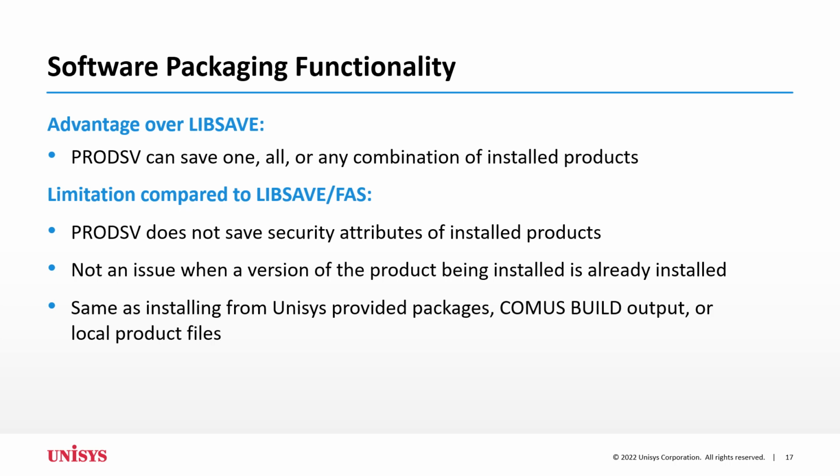However, when installing a product for the first time on a system from a created software package, you would need to reestablish the security attributes for the product's files. This is the same as when installing for the first time from Unisys provided software packages, a Comus build output tape or disk files, or your own local product files.